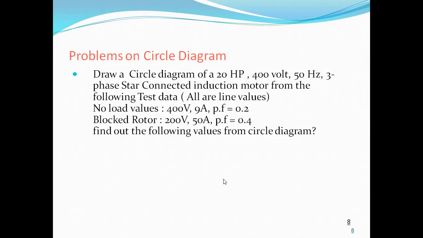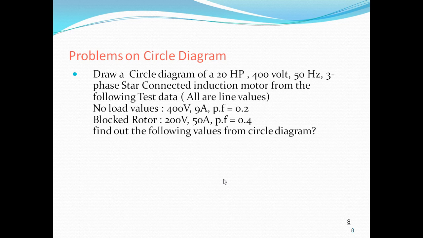So this is the problem he has given. As I told earlier, how can we draw the circle diagram? We can draw the circle diagram from the results of the no load test and the blocked rotor test.